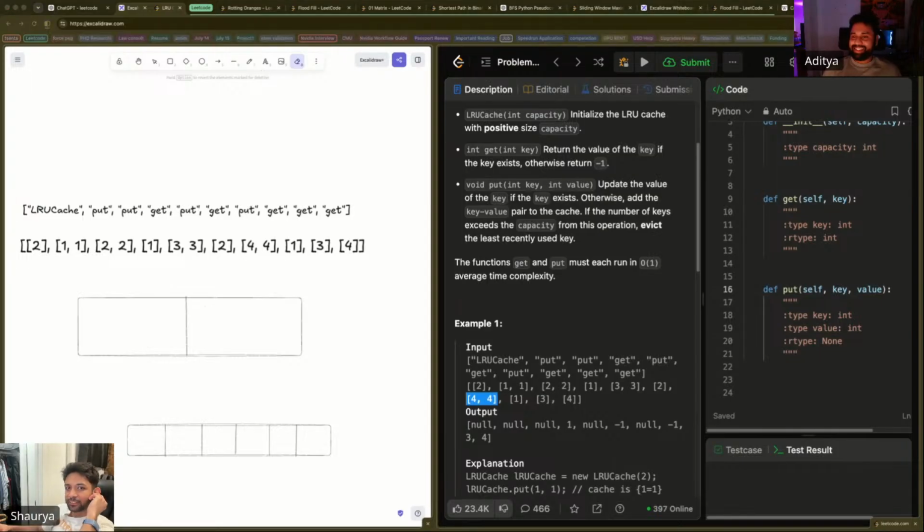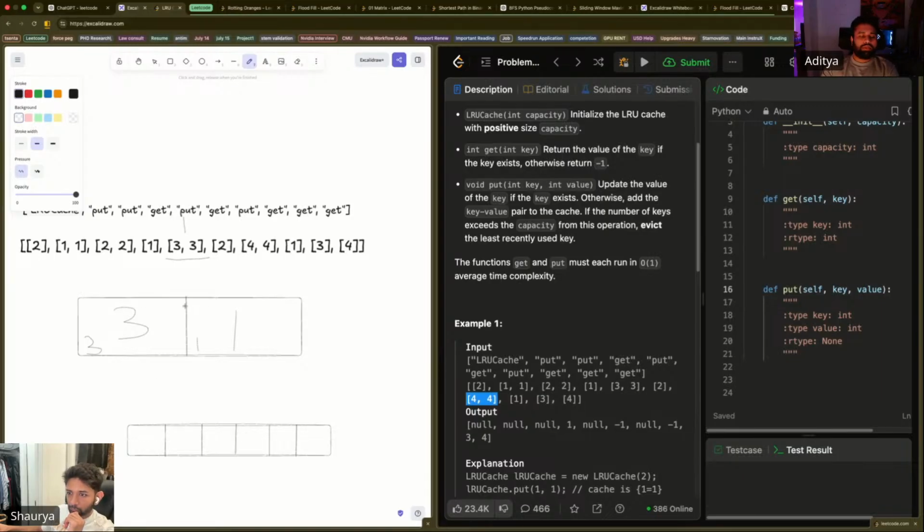Yes, sir. So what I'm saying is, let's go back to when this was 2 and this is 1, because we accessed 1. Now 2 becomes the least recently used. Then we visit this and this says put 3 comma 3, so we will remove 2 and then add 3. Key is 3 and the key for 1 is 1.